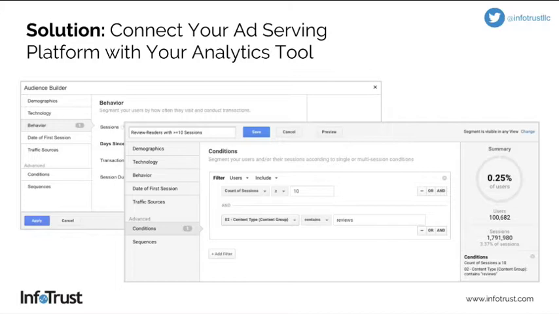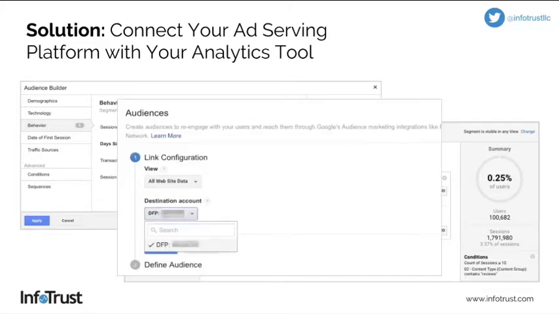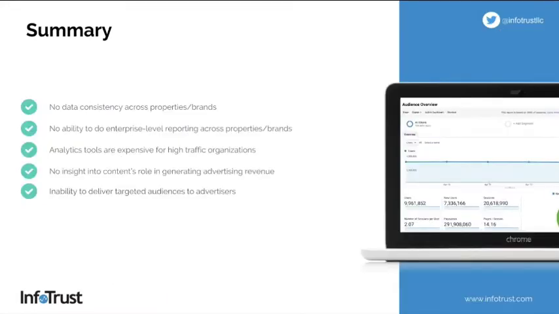Pretty powerful stuff. On the back end, you would link that information with your DFP account, your Ad Manager account, send that audience over, and now within Ad Manager we can sell that to the advertiser. Pretty cool stuff there.